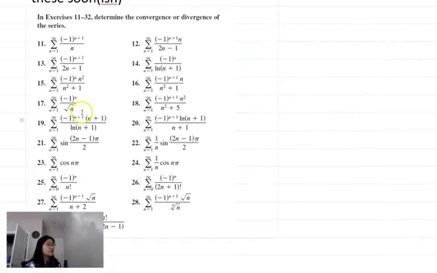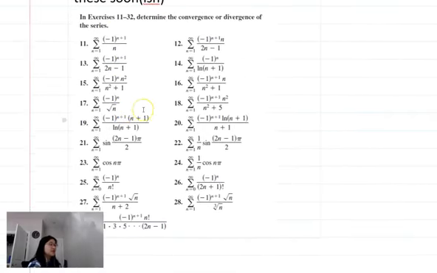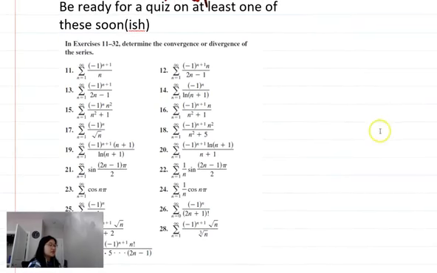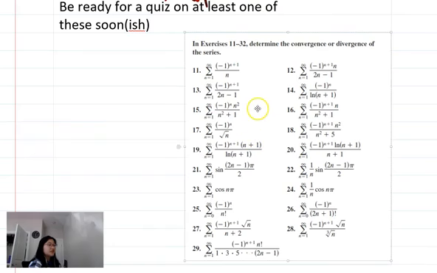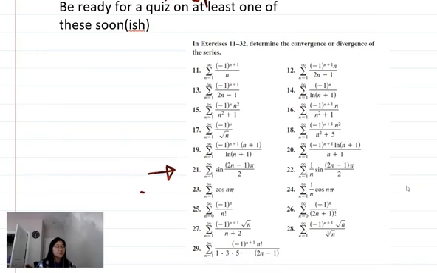Alright, so be ready to do a quiz on at least one of these problems kind of soonish. I'll move that over. So strongly recommend that you try some of these, and you see negative ones a lot of places, but over here and there, we have this sneaky way of saying that we actually do have an alternating series.